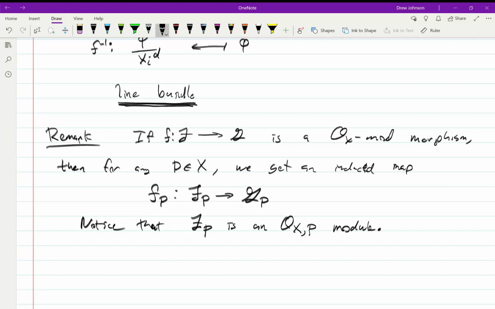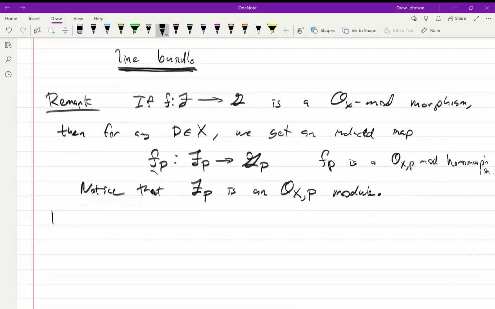And then the same thing for G_P. So f_P is an O_{X,P} module homomorphism. All right, so that's a nice observation to make.